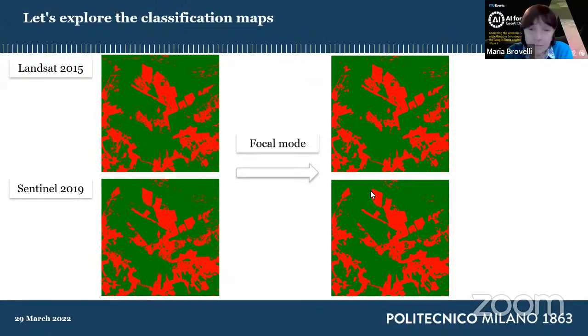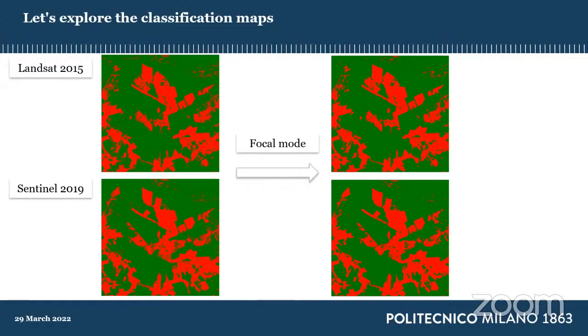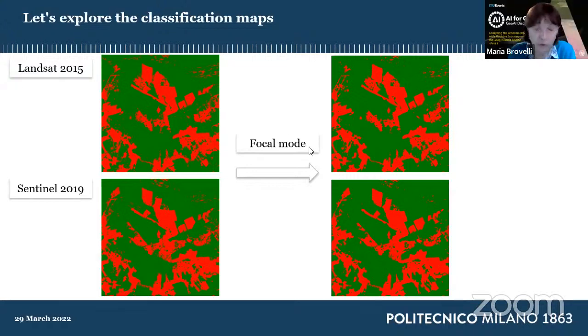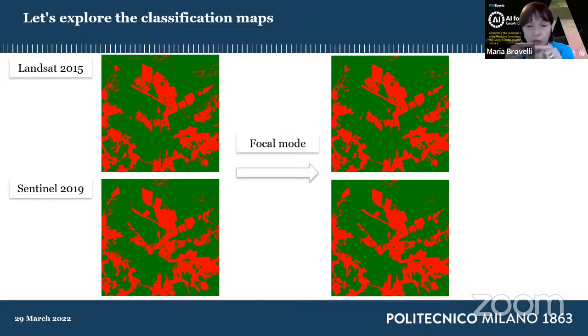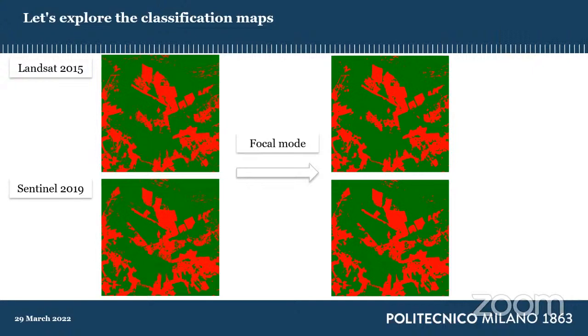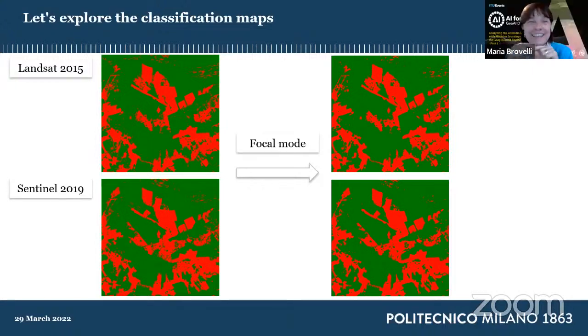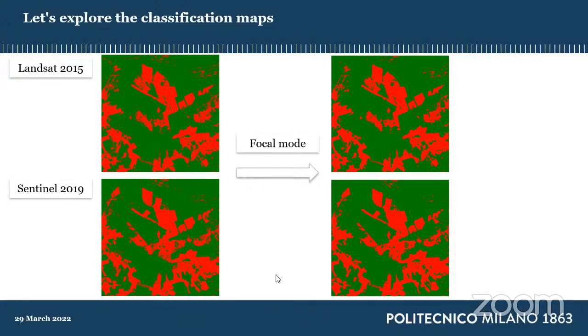There are many possible morphological operators, but in this case, what we suggest you apply is the focal mode. Focal mode means that you are dealing with what's happening around every pixel. You are looking at what's happening around, and then at this point you will use an operator.